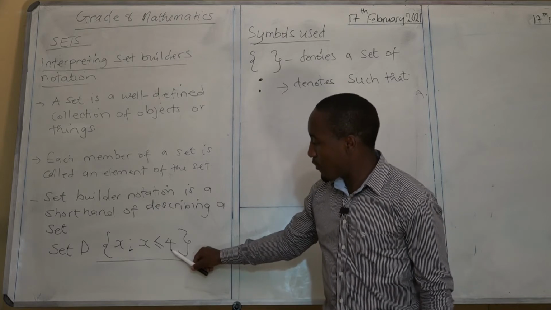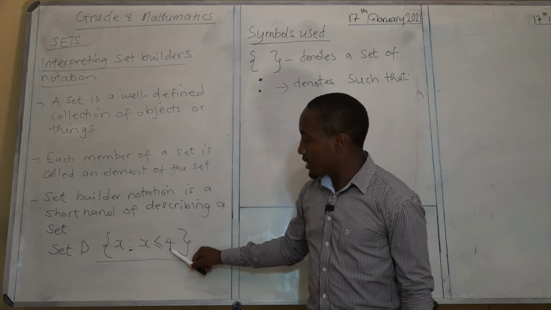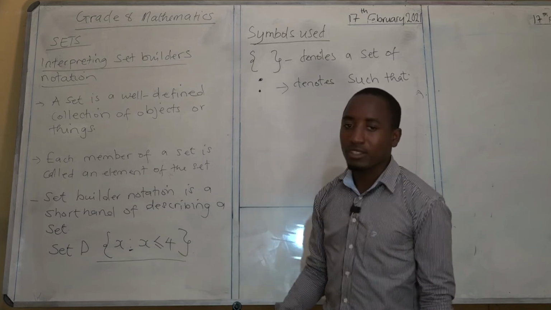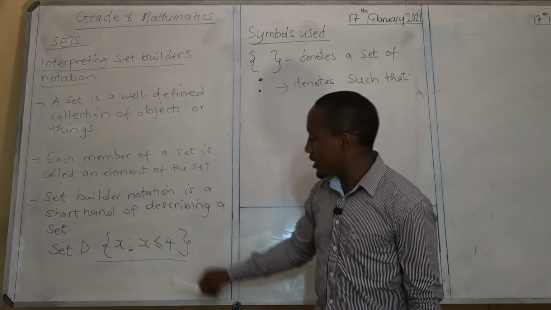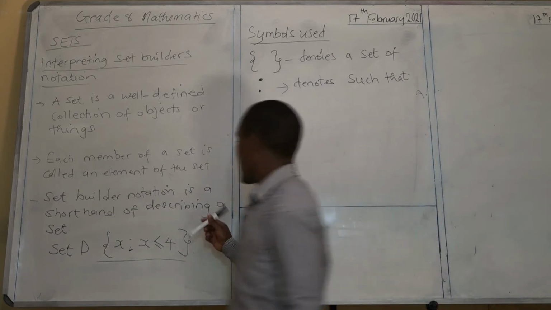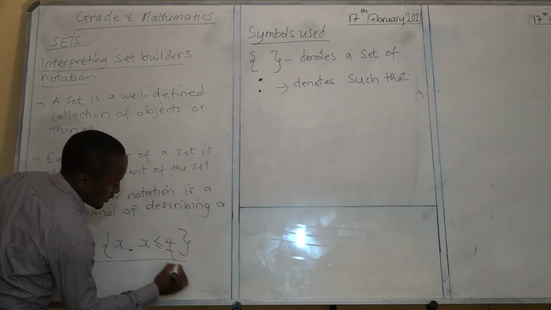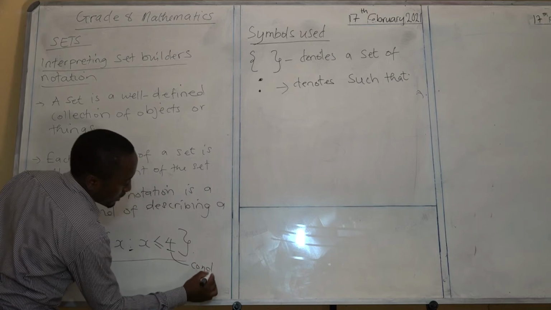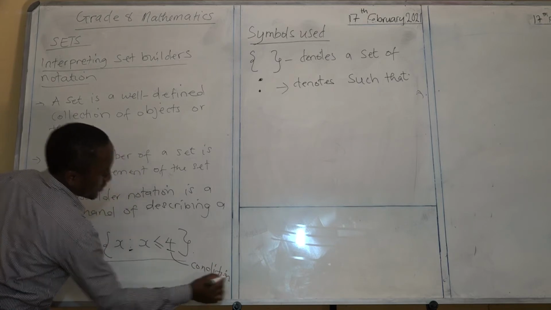This number 4 here is the one which is limiting us. So this 4 is the condition which you have been given.